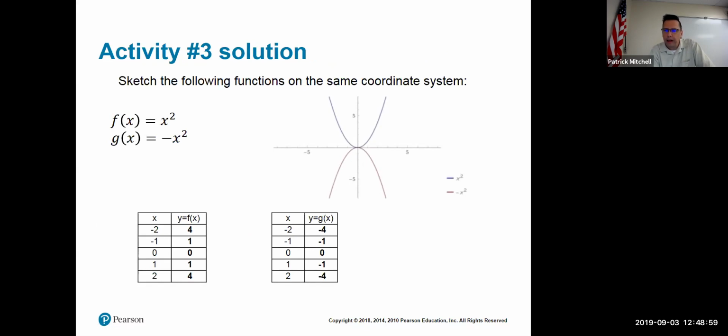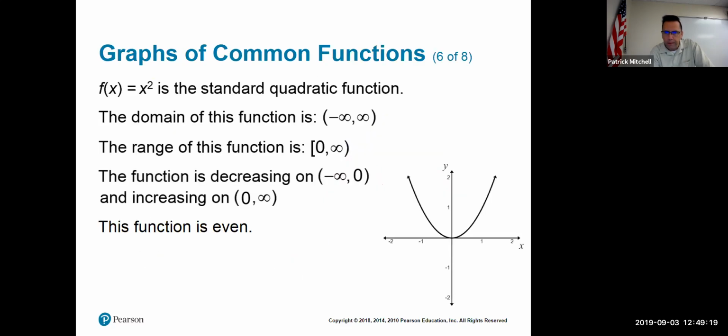I've got the vertical and the horizontal reflections sort of lumped together in one explanation after activity number 4. So I promise I will explain both the 2 different kinds of reflections after we go over activity number 4.